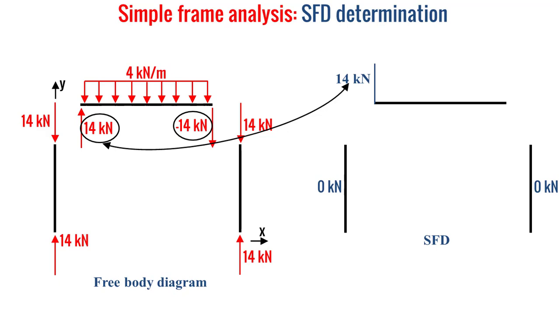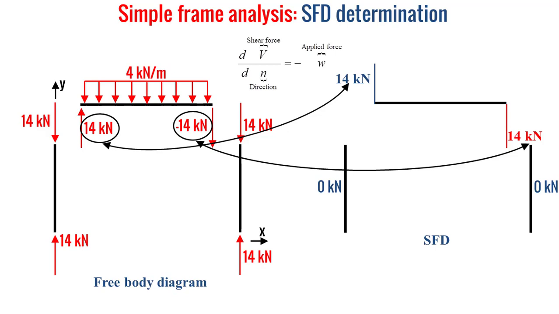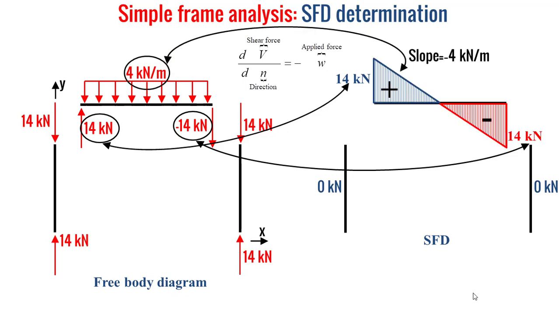We have a shear force of minus 14 kilonewton, which will be placed here at the right-hand edge of the beam. And based on the fact that the variation of the shear force along the longitudinal direction of the beam will be equal to minus the applied force, this 4 kilonewton per meter will be the slope of the variation of the shear force along the beam.